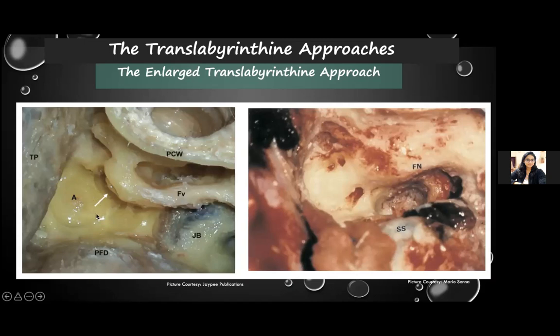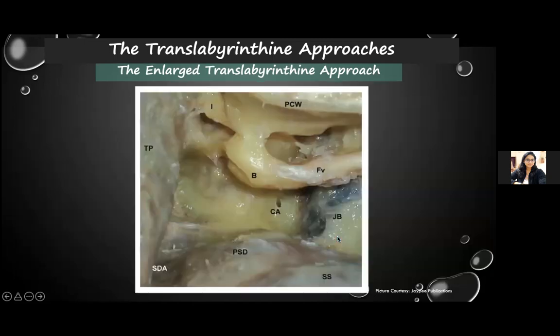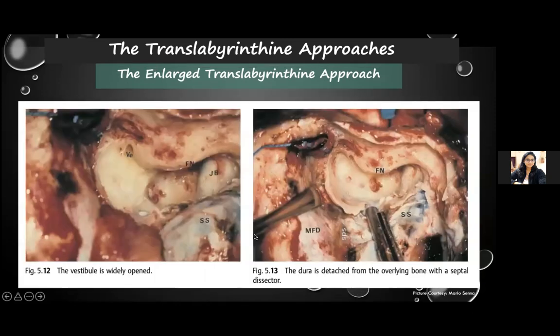Now, once the labyrinthectomy is completed, this will be the appearance when the complete labyrinth is drilled away. After the labyrinthectomy is done and the vestibule is opened, we can see that the part of bone which we had kept earlier is removed, and you can see this is the direction of the superior petrosal sinus.